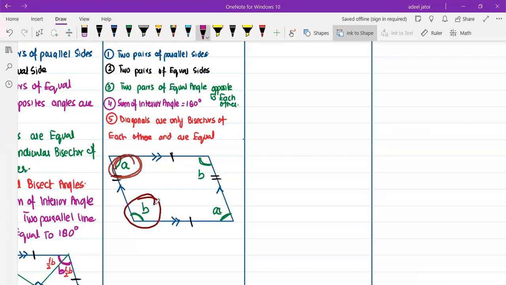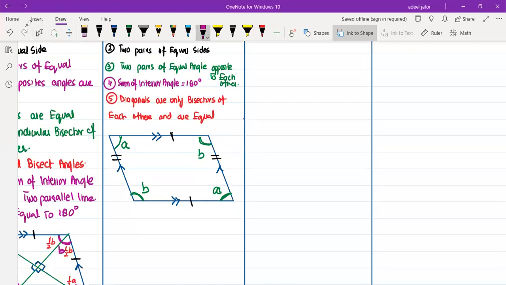So that means they are talking about A and B. So if the angle between the two parallel lines are same, which means we can always write down that A plus B should be equal to 180 degree, sum of parallel or sum of interior angle.